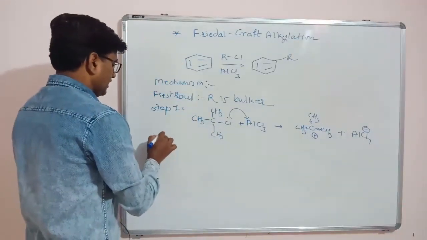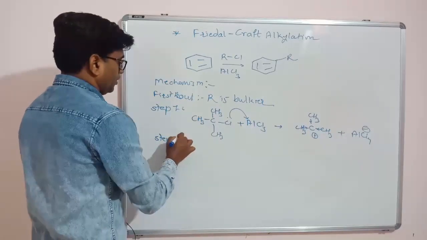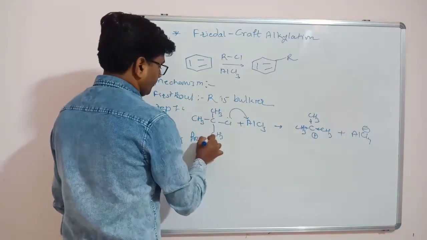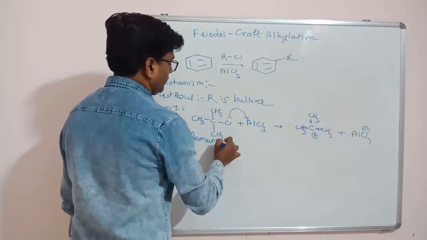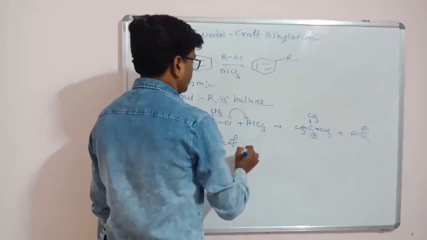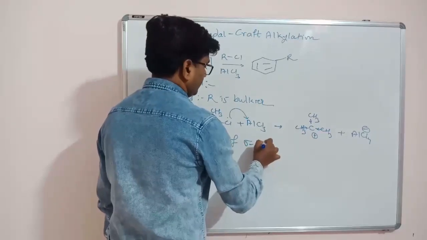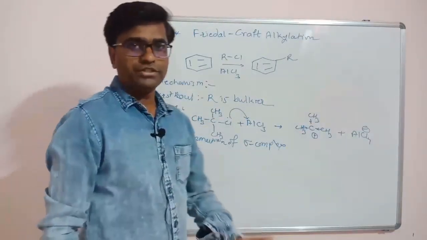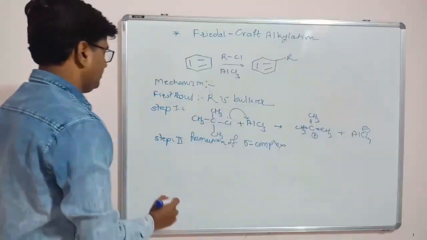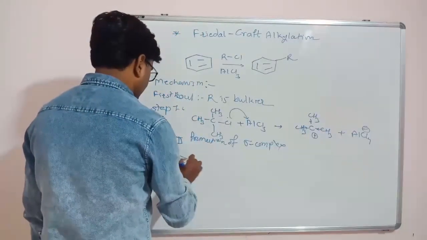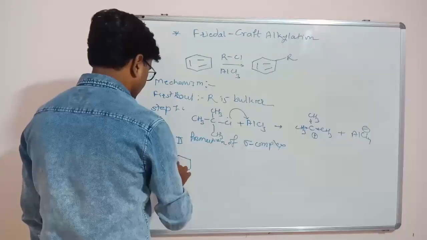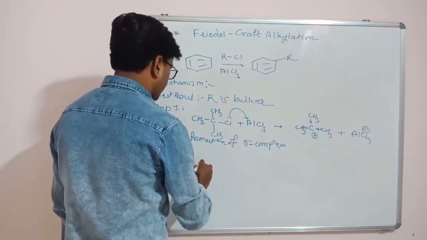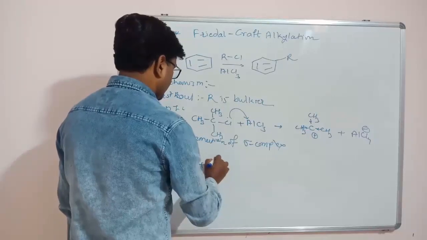Step two, as we know, is formation of the sigma complex, or arenium ion. As we know, the benzene aromatic ring is rich in pi electrons, and we have a carbocation, our electrophile.